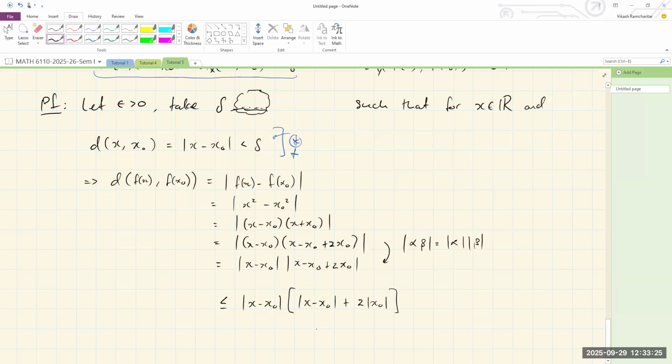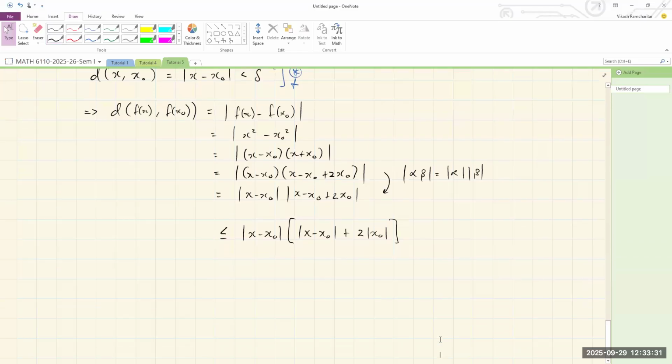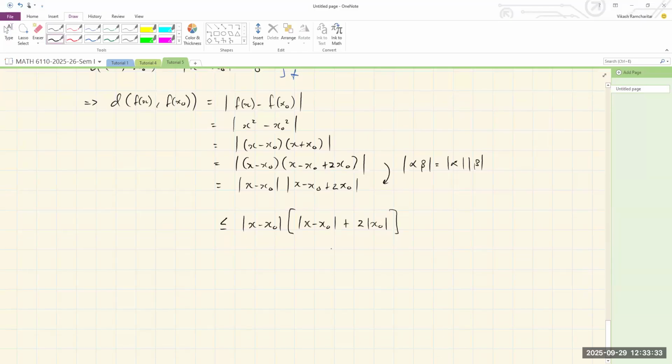Because if I have 1, then it will simplify things down a bit. So here's what I'm proposing. Consider the case whenever x minus x0 is less than 1.